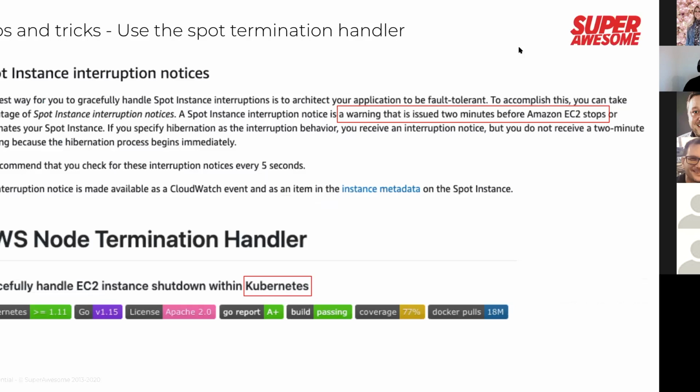Another good trick is to use the AWS spot termination handler. I said that you get that 2 minutes warning from AWS. You can actually respond to that warning directly from the instance. You can listen for it and perform some actions. In our case, because we run it on Kubernetes, we would do what's called cordoning the node, which is making sure no new pods get scheduled on it.